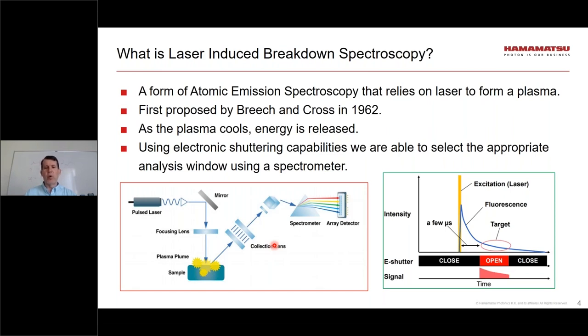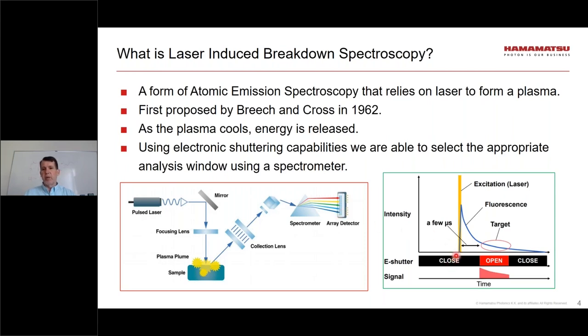I'll talk more about that in the next couple of slides. It's been around a while. It was first introduced by Brech and Cross back in 1962. Basically, the technique involves using a laser to excite a sample, creating a plasma, and that plasma emission is detected through a spectrometer or some sort of optical detector.